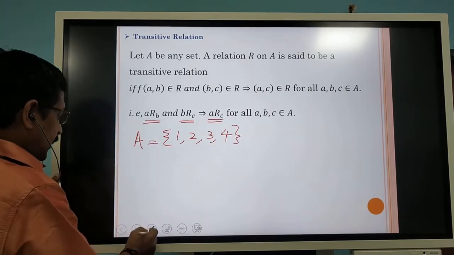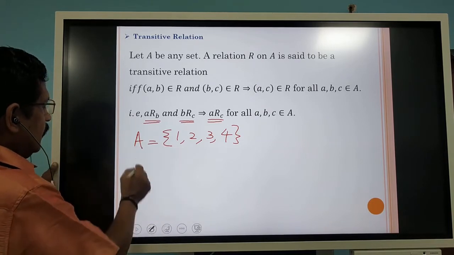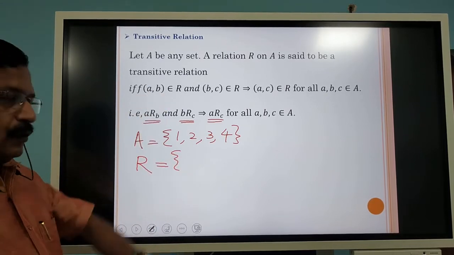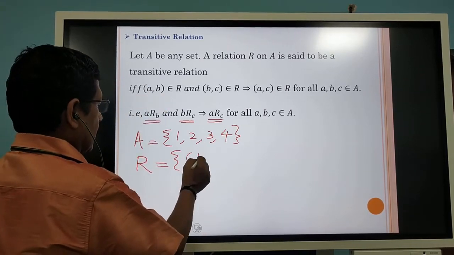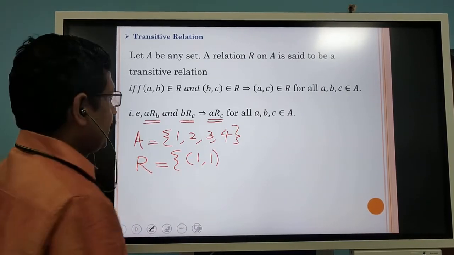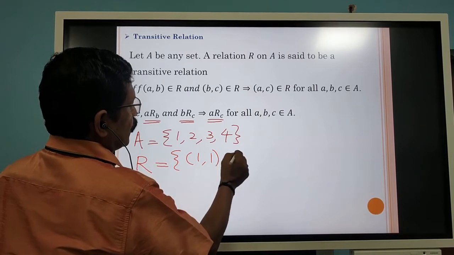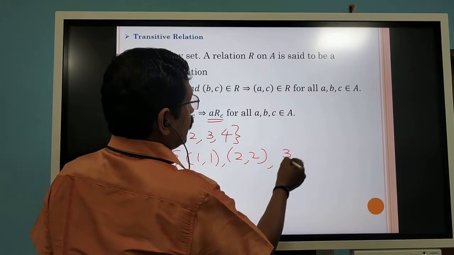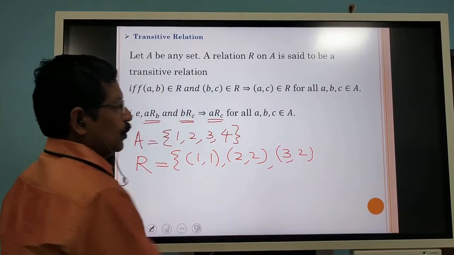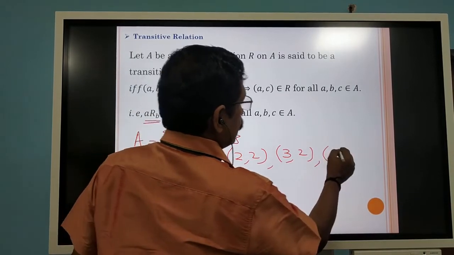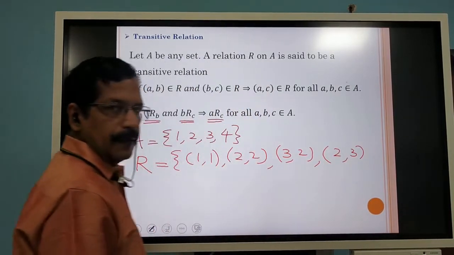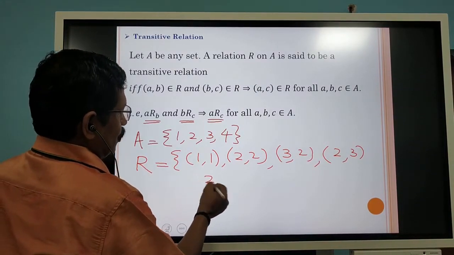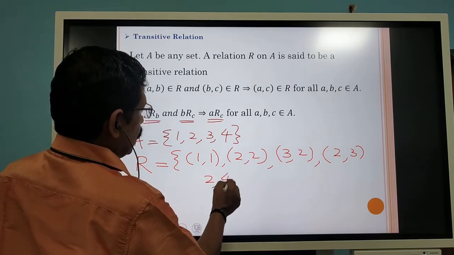Suppose a relation R is defined as R equal to the set: 1 is related to 1, 2 is related to 2, suppose 3 is related to 2, 2 is related to 3, and I am taking 2 is related to 4 also.